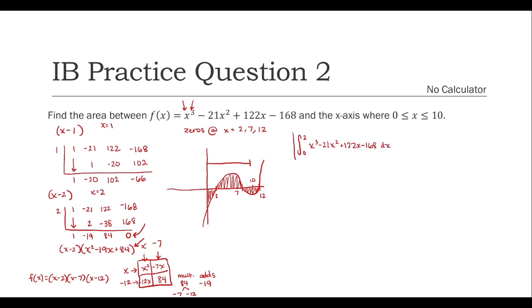And we'll do the absolute value of that plus the absolute value of the integral from 2 to 7 of our function, x cubed minus 21x squared plus 122x minus 168 dx, plus the last portion, which would be from 7 to 10. So it'll be the absolute value of the integral from 7 to 10 of x cubed minus 21x squared plus 122x minus 168 dx.